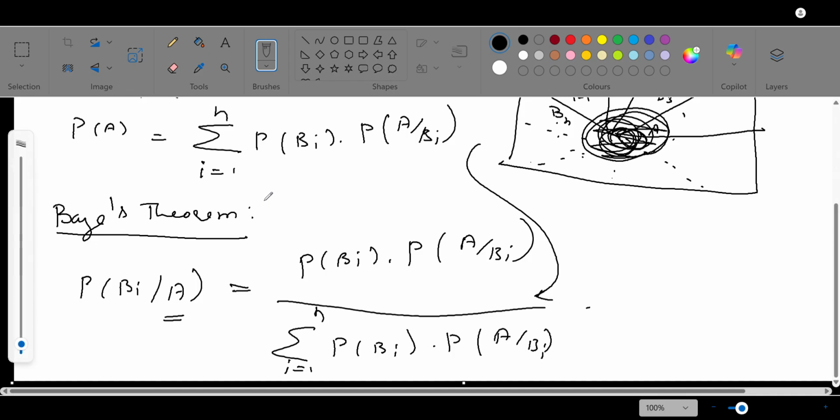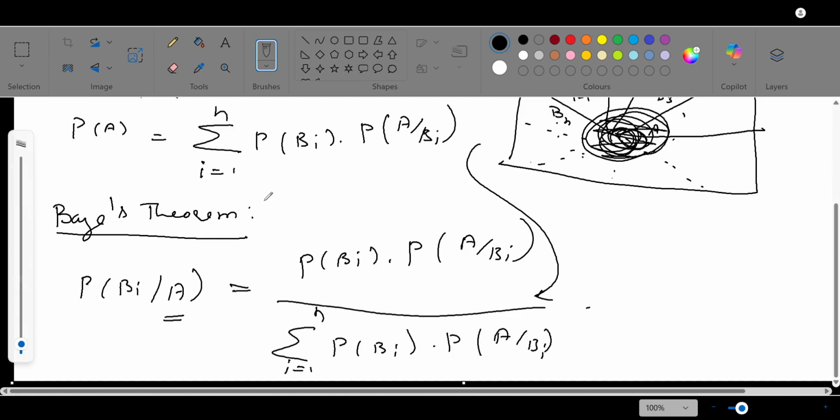And the probability of getting a defective bolt from machine A is 5%, so P of D by A is 0.05, P of D by B is 0.04, and P of D by C is 0.02.